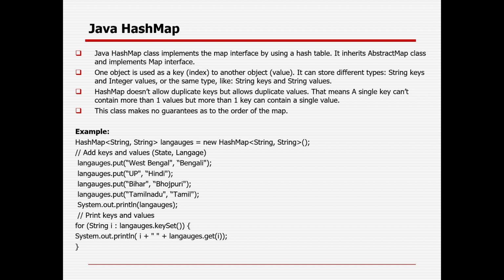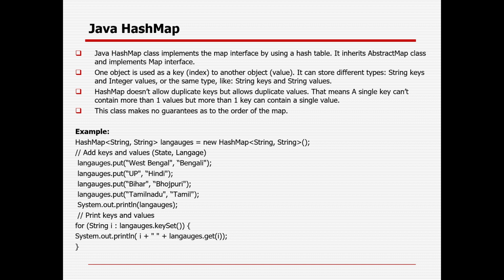Your language can be duplicate, but your state will be unique. Suppose for Bengal and for Tripura, Bengali is the mother tongue, duplicate, but the state name is always unique. Hindi is the language in most of the states in India. Similarly, for multiple countries, French or English might be the common language, but the country is always unique.